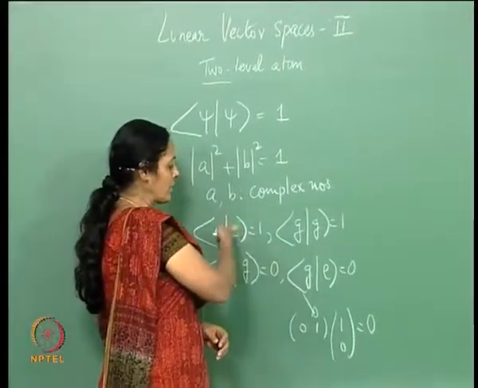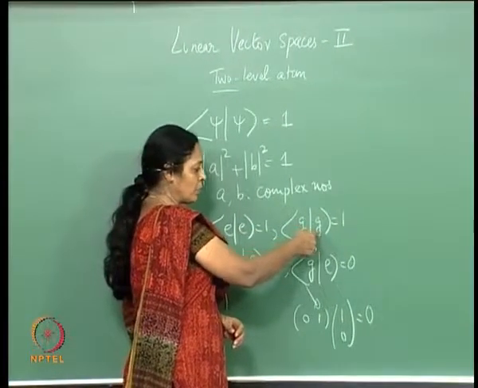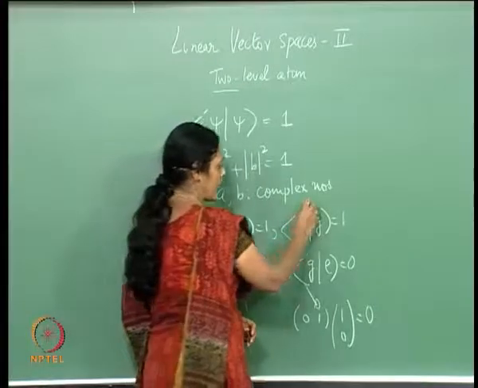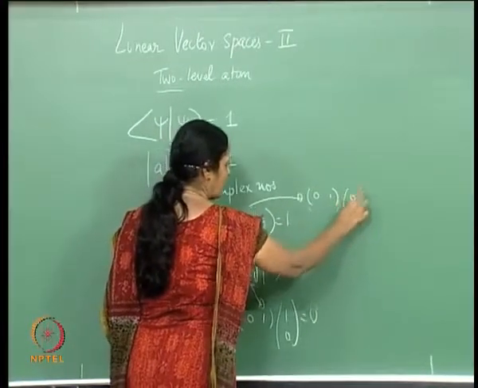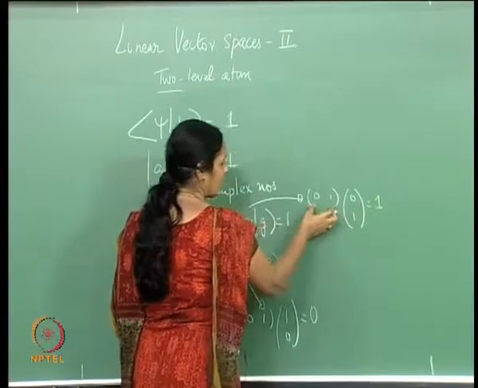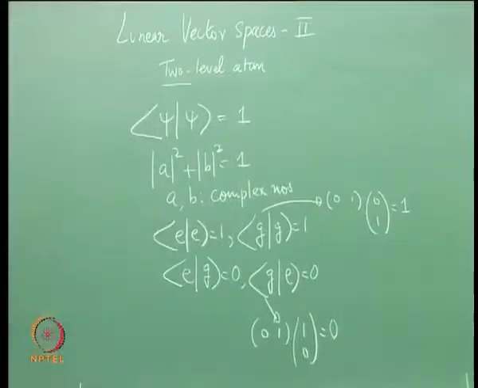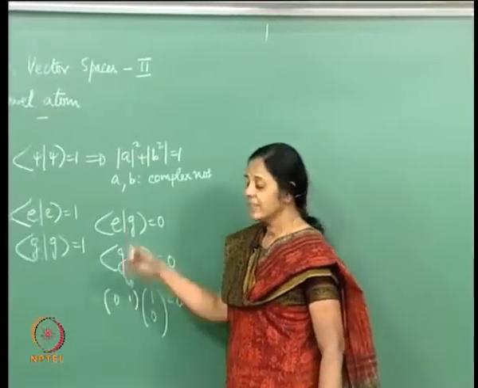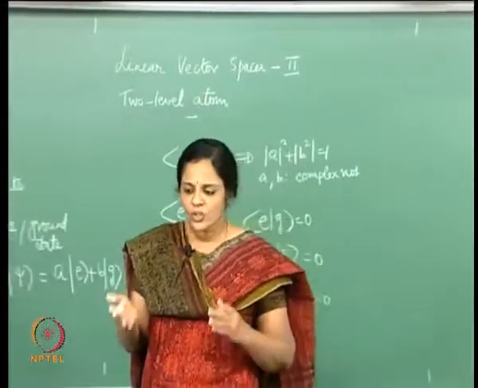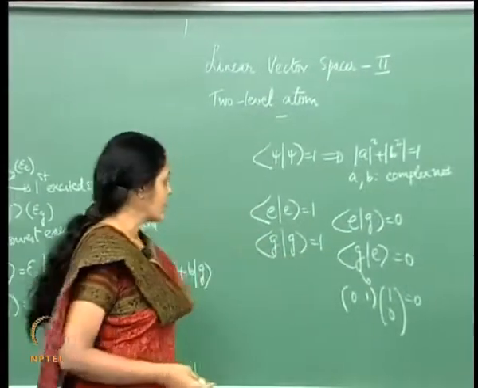I could give matrix representations for all these and obtain, for instance, in this case, that the row (0 1) with the column vector (0 1) is 1. So, I have this orthonormal basis, and these basis vectors are chosen in the context of this physical situation to be the energy eigenstates of the atom.